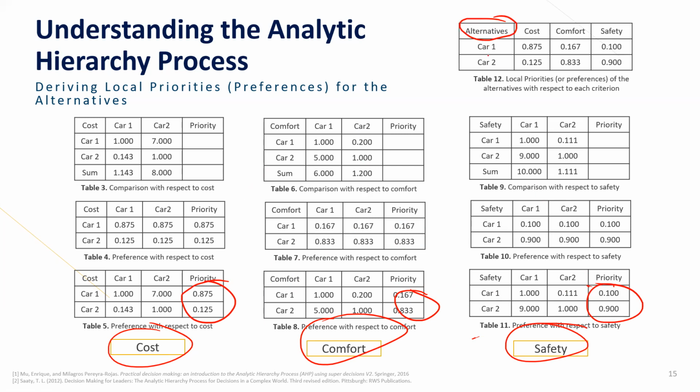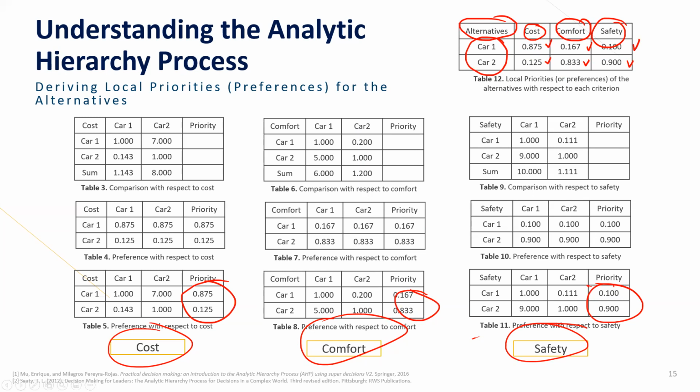For every alternative, you have car 1 and car 2. For cost, the preference shows that car 1 is more preferred compared to car 2. But for comfort, it seems like car 2 is much better than car 1. And for safety, car 2 is much better than car 1. So how do you select from this one?